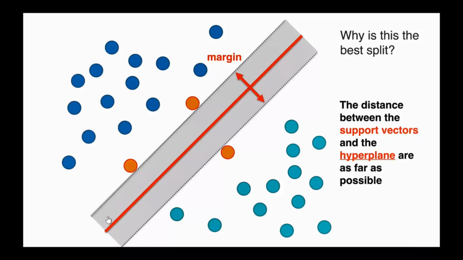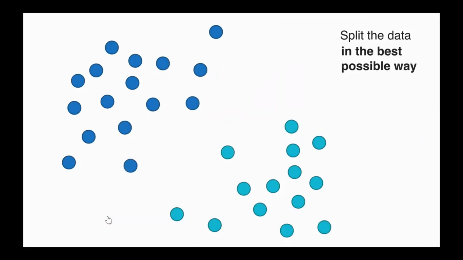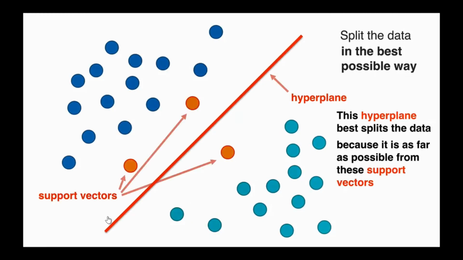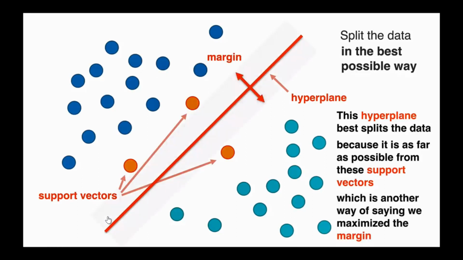Okay, so those are all our technical terms. Let's summarize all this again. If I had asked you to split this data in the best way possible, you can now say that this is the hyperplane that best splits the data because it's as far as possible from these support vectors, which is another way of saying we have maximized the margin.